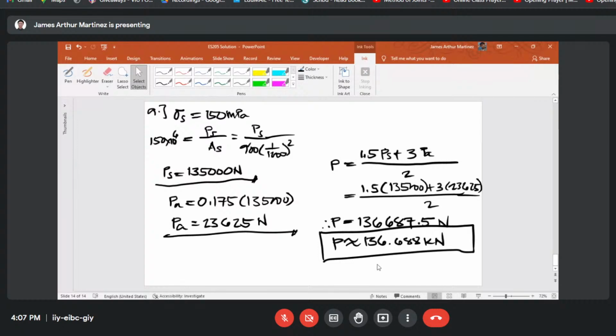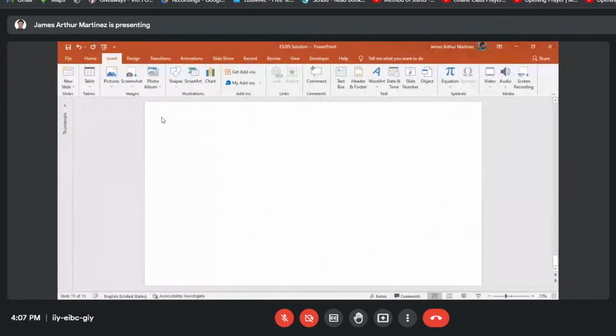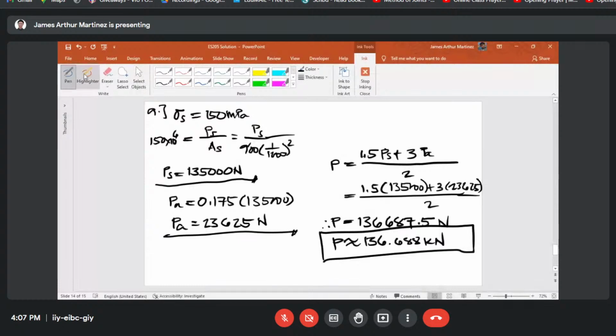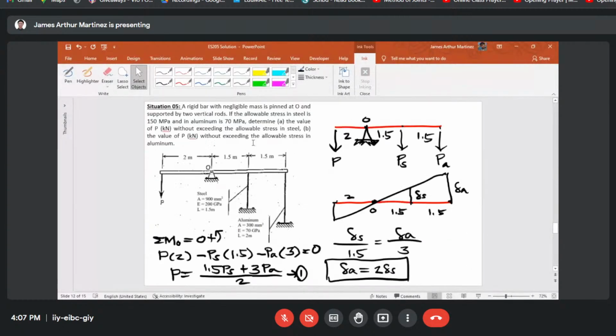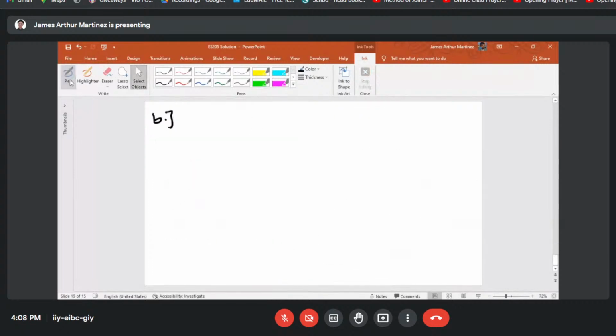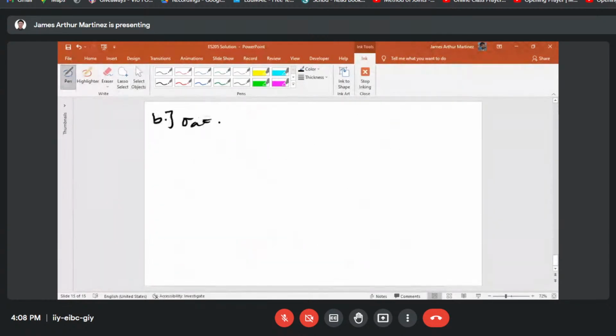Sige, so for part B, the other way around. How about if we consider only the allowable stress in aluminum? What is the allowable stress for aluminum, diba? 70 megapascal.